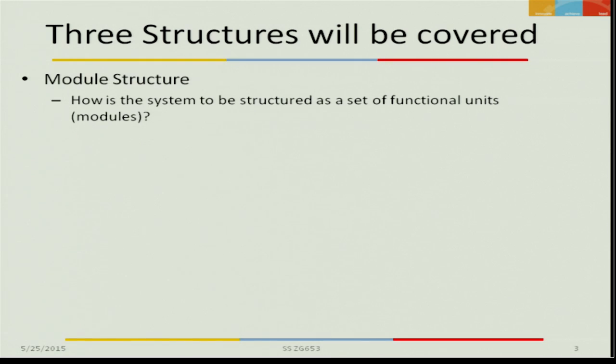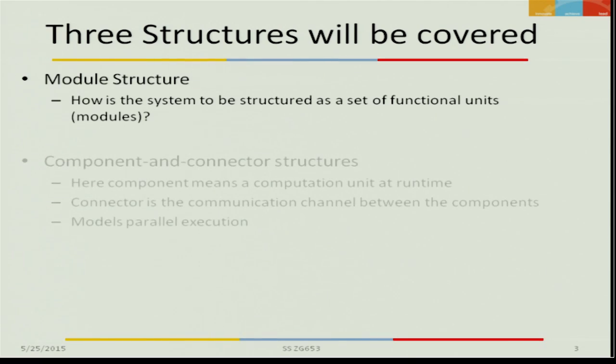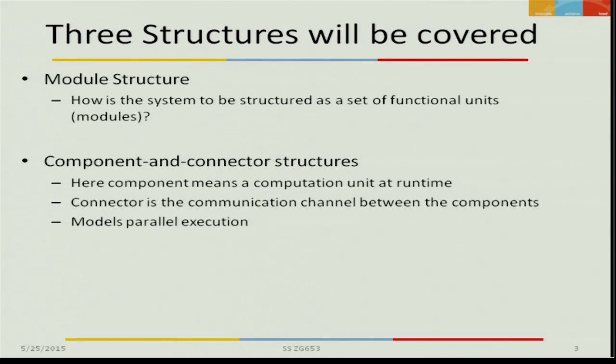We are going to learn 3 structures. One is called the module structure. The purpose of the module structure is to describe how the system is to be designed as a set of functional units or modules. So purely a set of functional elements.